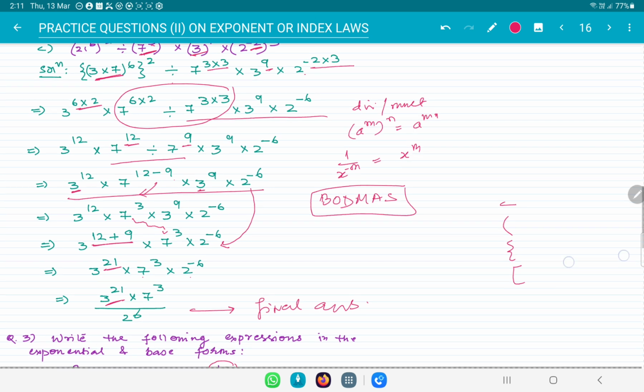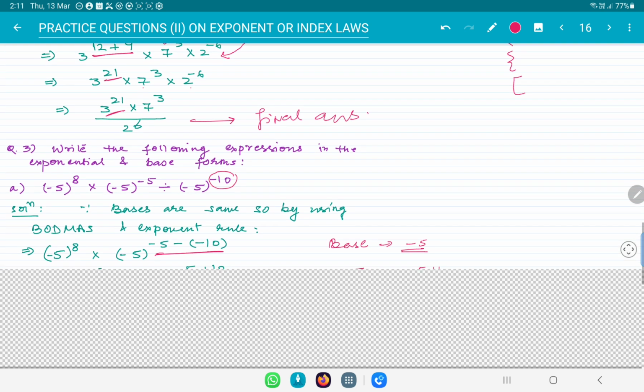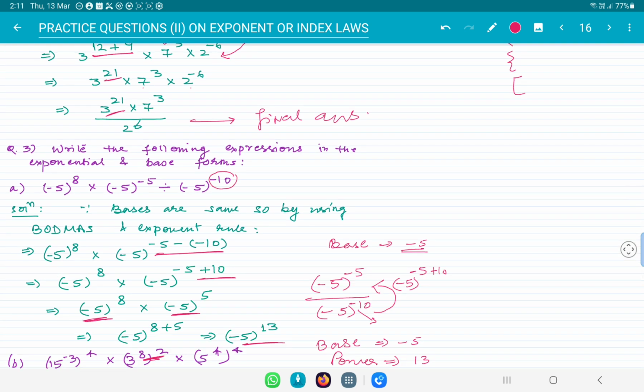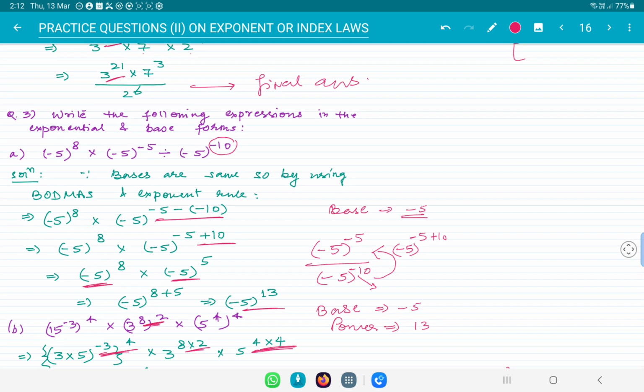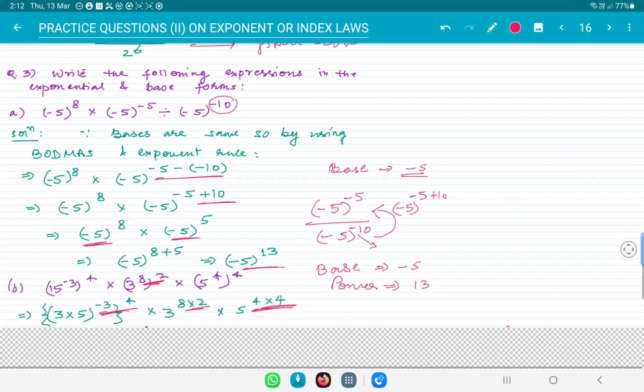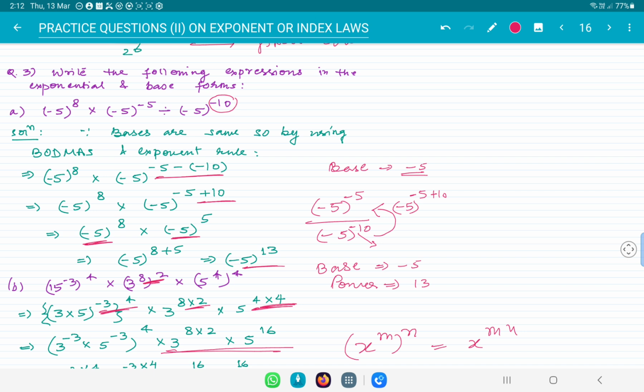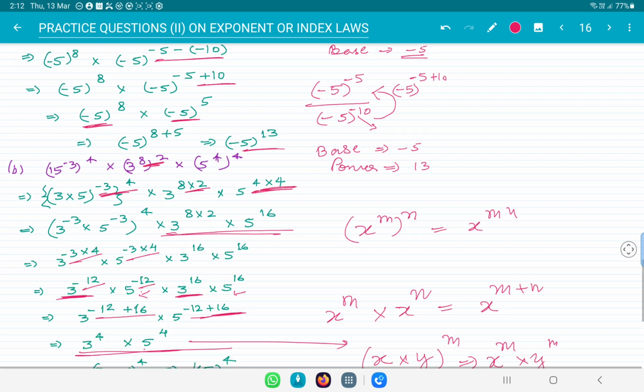Okay. The same thing we did in this question. Use the BODMAS rule, and if it is a negative power, then when it comes up it will become positive. Whenever it moves from the numerator to the denominator, we change the sign, and vice versa also.